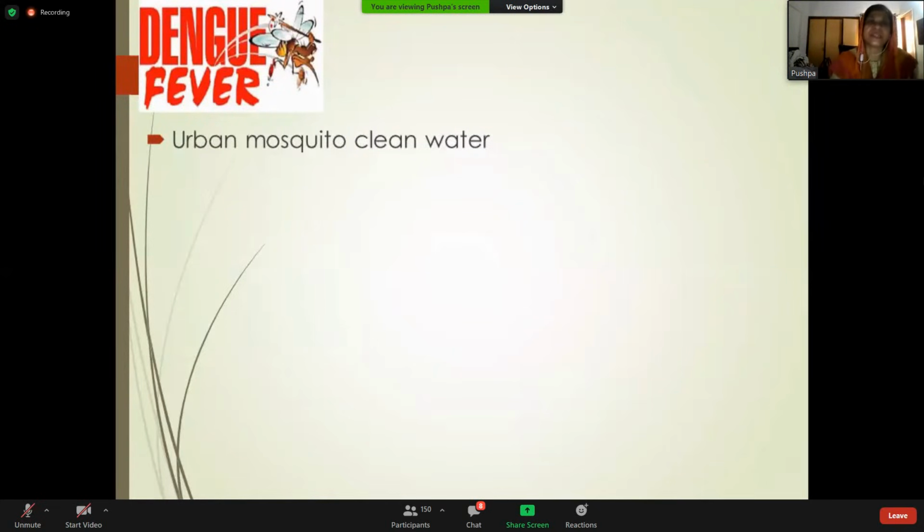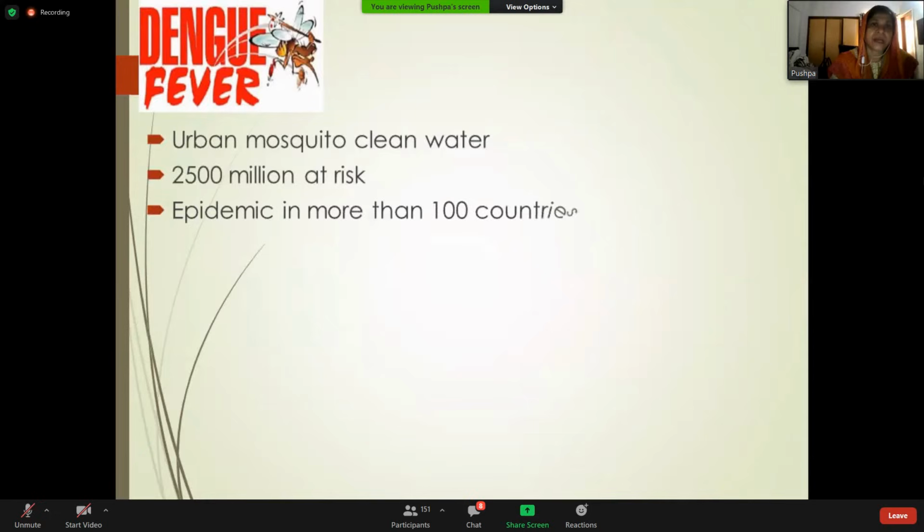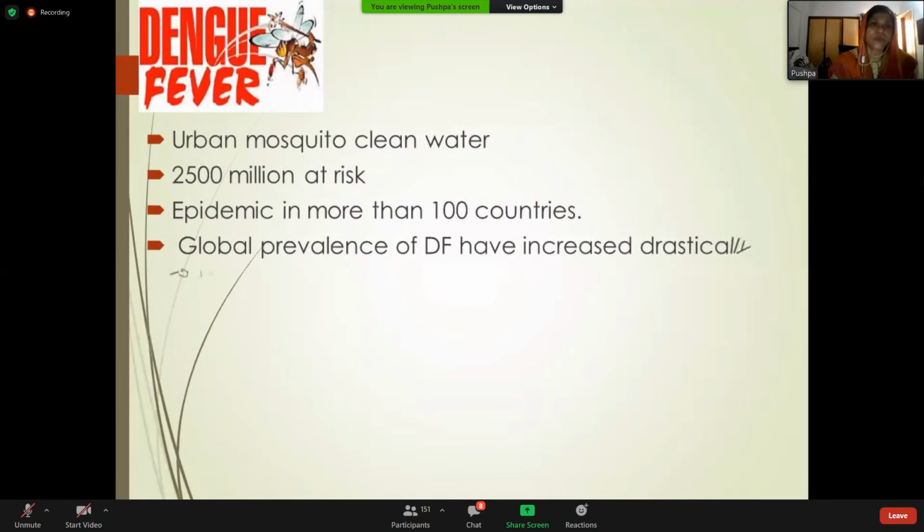These mosquitoes propagate, develop, or reproduce in those, or in used tires. When water is stagnant there, these mosquitoes multiply there. So it is an urban mosquito, likes clean water, and the epidemic is in more than 100 countries.